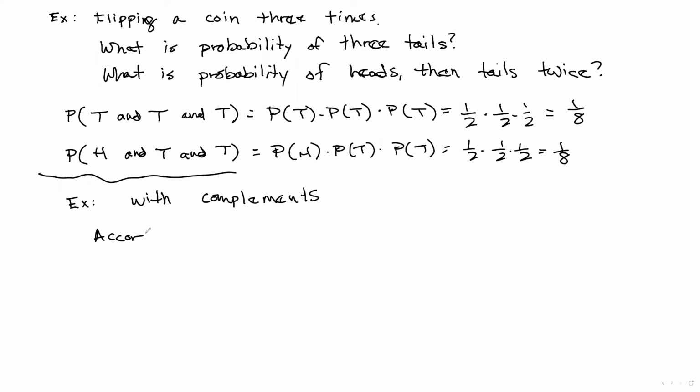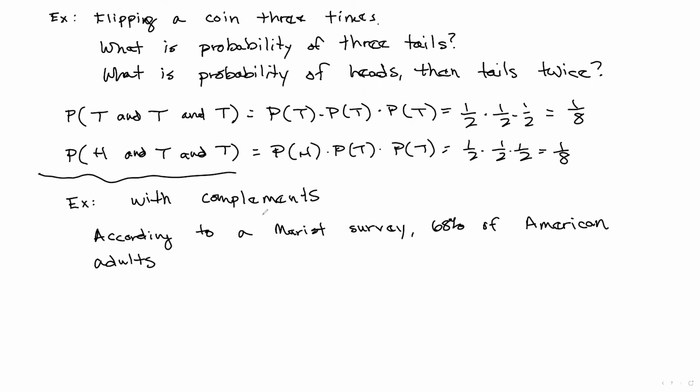According to a survey, this actually specifies a Marist survey. Marist must be some type of surveyor. According to a Marist survey, 68% of American adults believe in intelligent life on other planets.